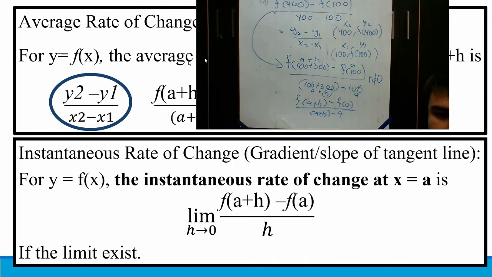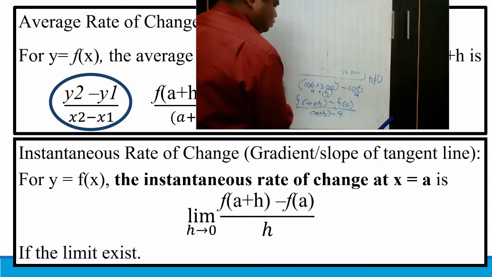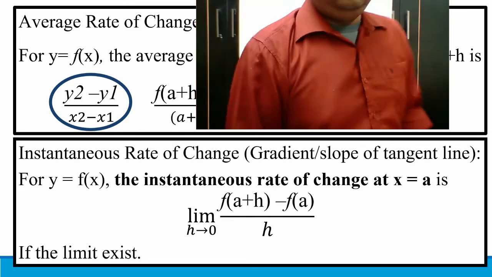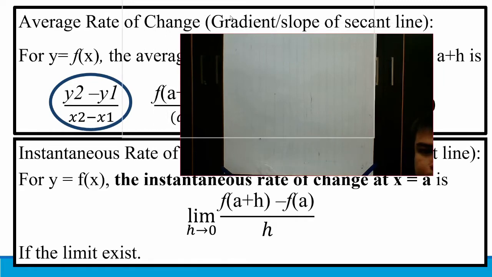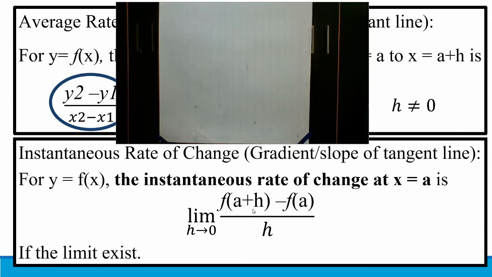Let's see the instantaneous rate of change. Instantaneous rate of change is also known as the gradient or slope of the tangent line.